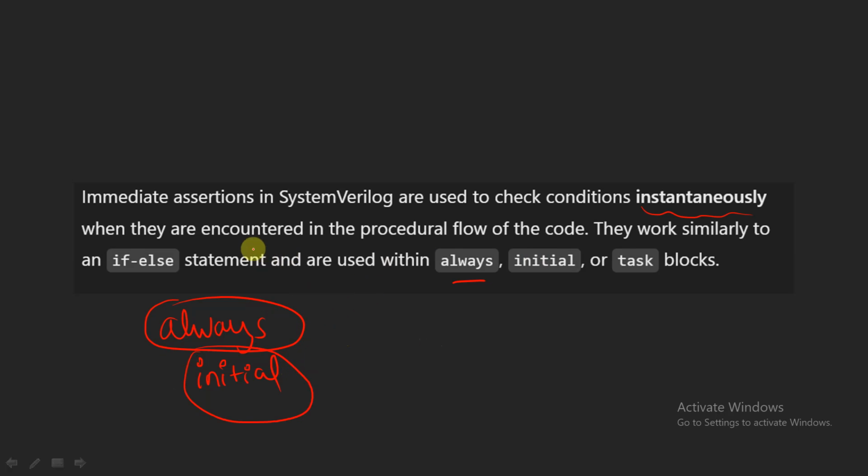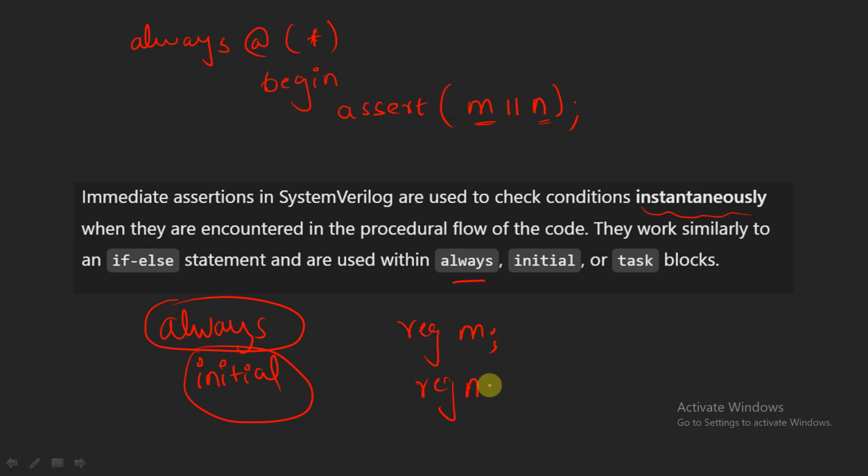For example, let us take an assertion example. Let's say we have an always @(*) block, begin, assert (m || n). Here m is some register and n is some register, which we have declared with reg m and reg n somewhere at the start of the code.